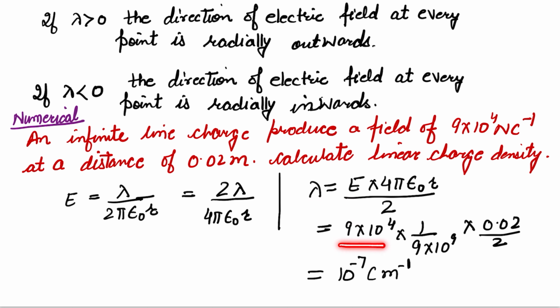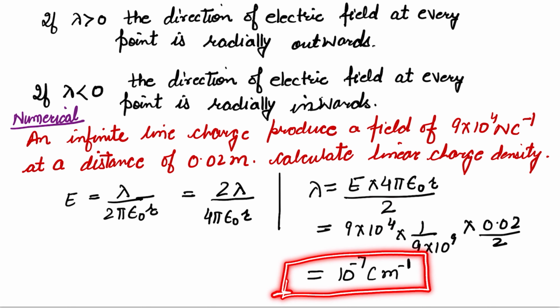Then we substitute the value of electric field that is provided, that is 9 into 10 raised to power 4, and 1 upon 4 pi epsilon naught is equal to 9 into 10 raised to power 9. Here we are substituting the value of 4 pi epsilon naught, so we take reciprocal, multiplied with 0.02 divided by 2. This term 2 has come from the rearrangement. So lambda comes out to be 10 raised to power minus 7 coulomb per meter, right?